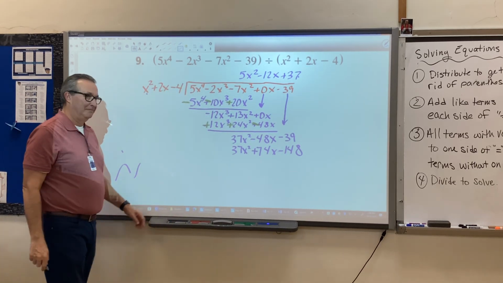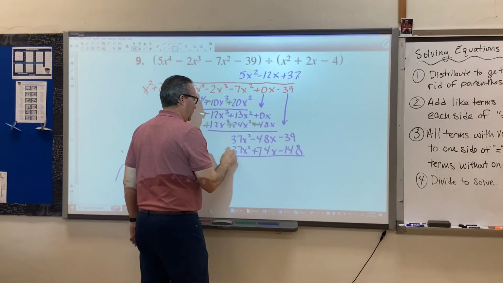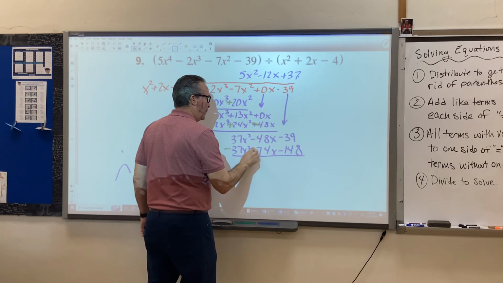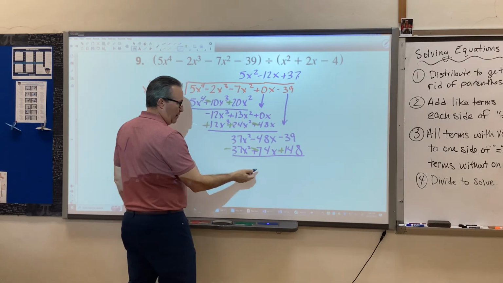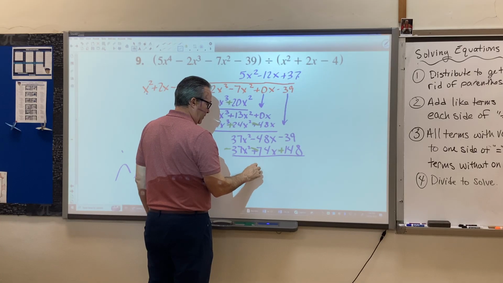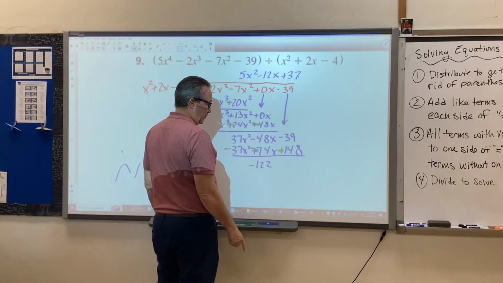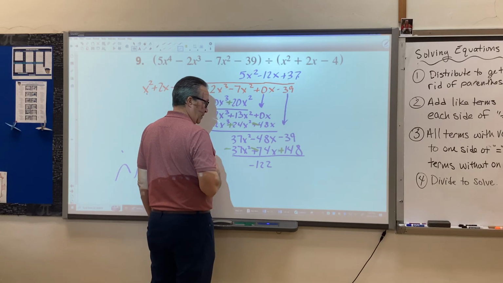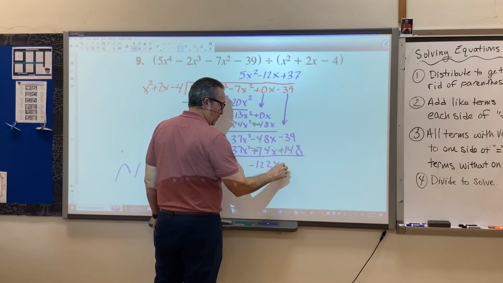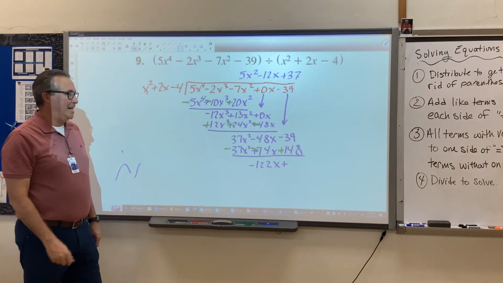Now what? Change the sign there. Change the sign. Goes add to 0. This is negative 122, and that's right. 119?